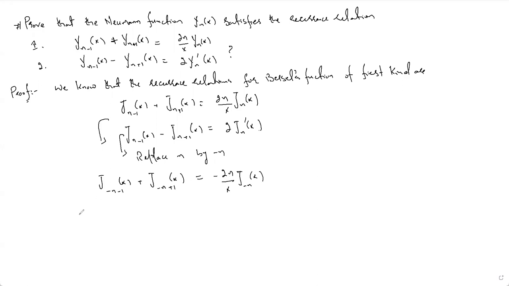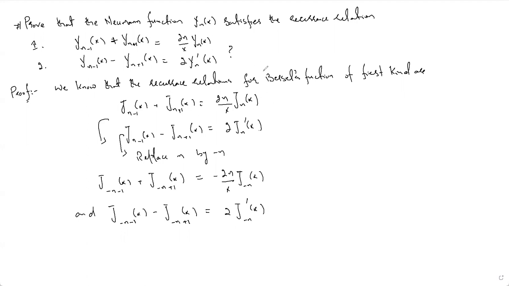And the second one will be J minus n minus 1 of x minus J minus n plus 1 of x is equal to twice J minus n prime of x. I hope it is okay up to this point.